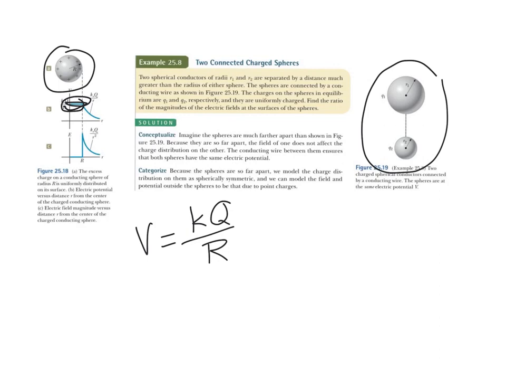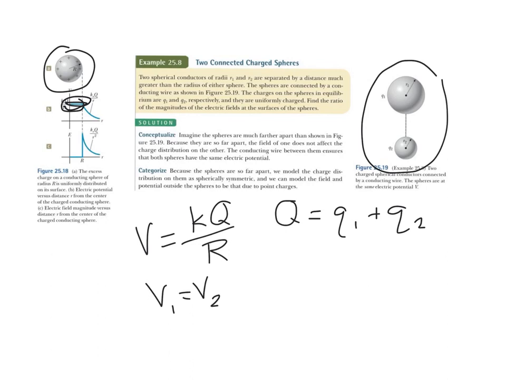If the total charge starts off as Q, at the end one of them is going to have a charge of Q1 and the other a charge of Q2, whatever each of those are. They're going to go until their potentials are identical, not their charges.